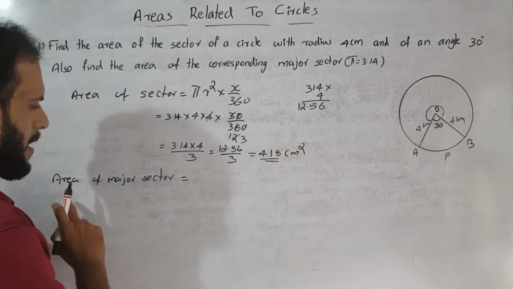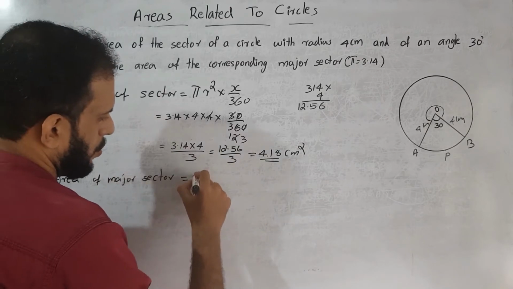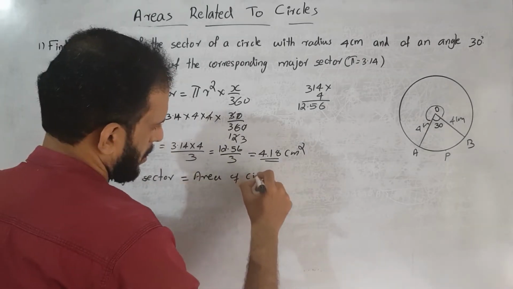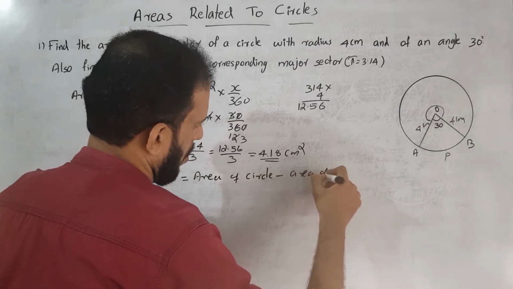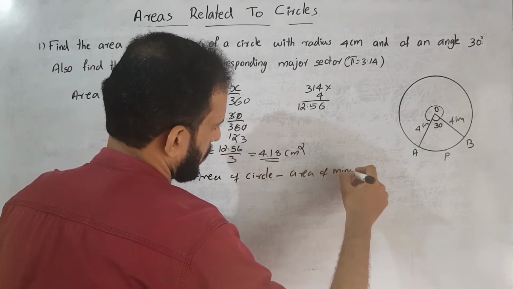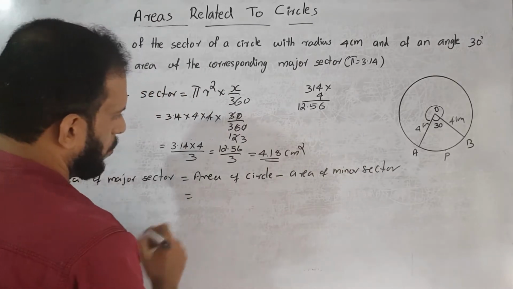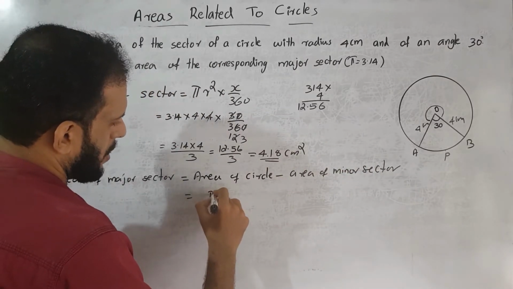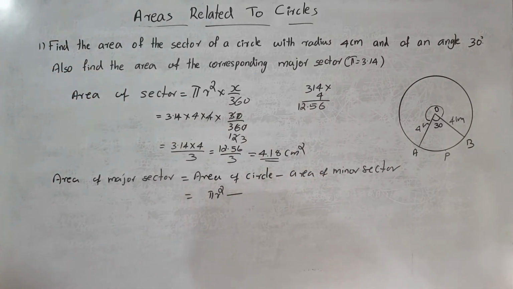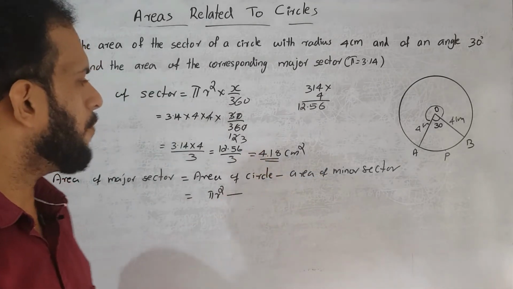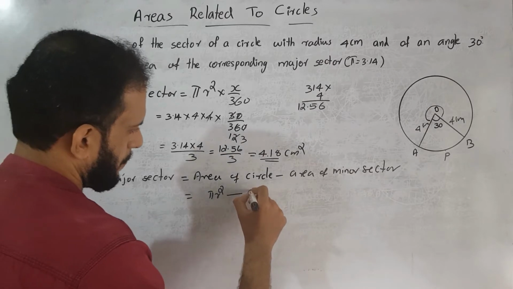Okay, then area of major sector is equal to area of circle minus area of minor sector, that is pi r square minus area of minor sector. We know the area of minor sector is 4.18.